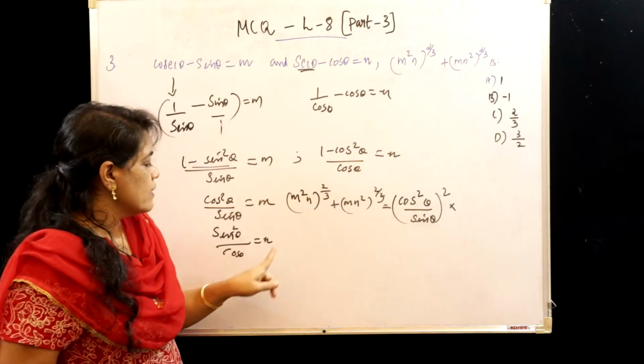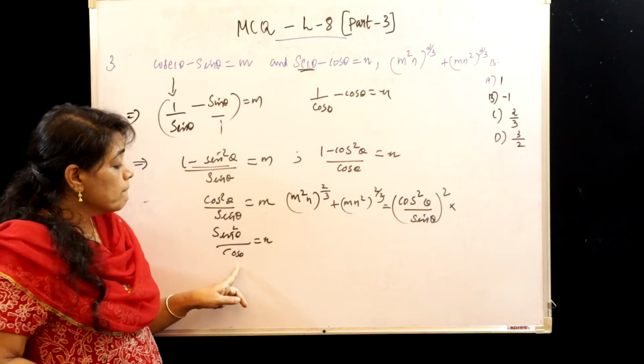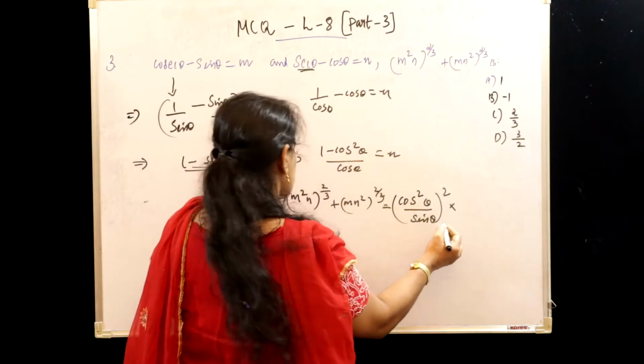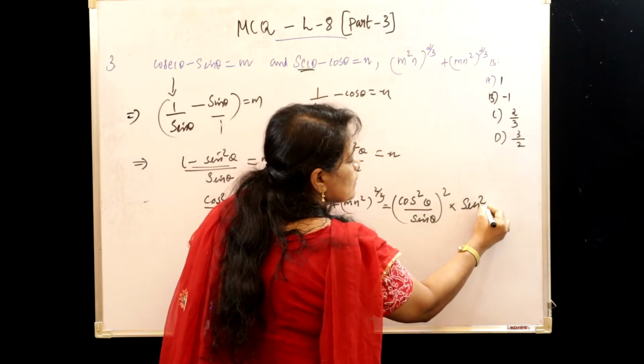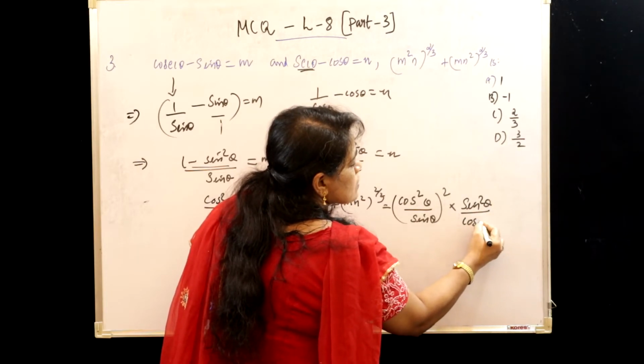What is n, children? We have seen that n is sin square theta by cos theta.